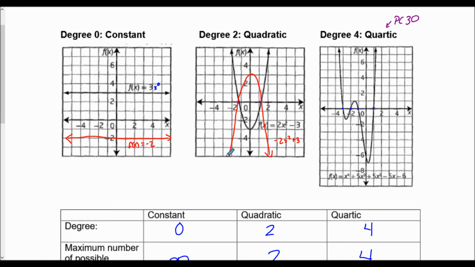The negative quadratic would look like that. Quartic, that's one possible way that it could look like.